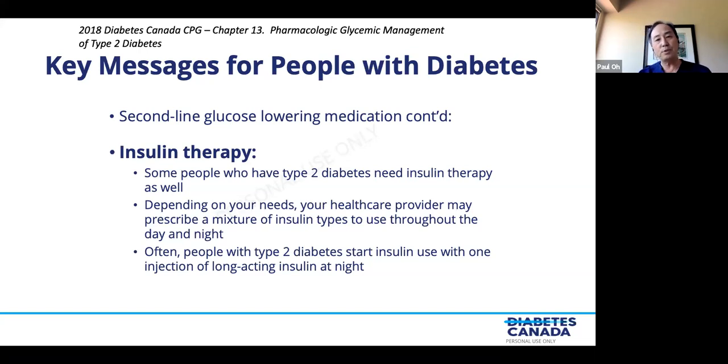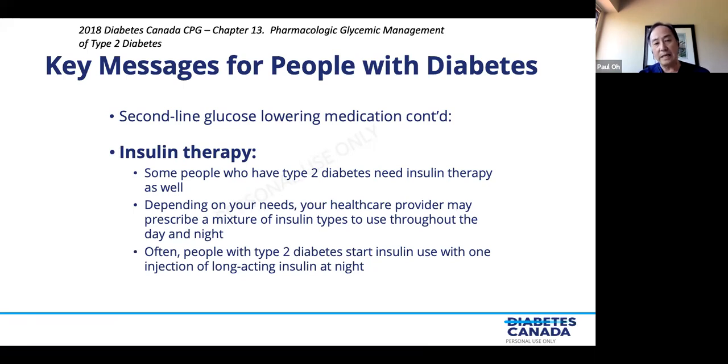Some people with type 2 diabetes or adult onset diabetes may need insulin therapy as well, because the sugar levels are just so high, or our pancreas isn't producing enough insulin, or our bodies just aren't responding to the insulin that we have. So some people will require the addition of insulin to get the sugars under control.